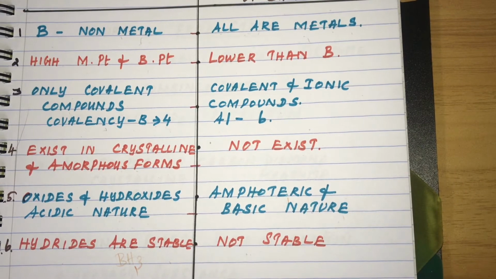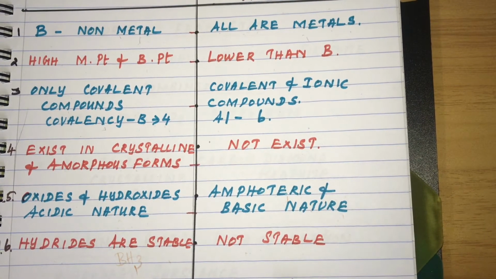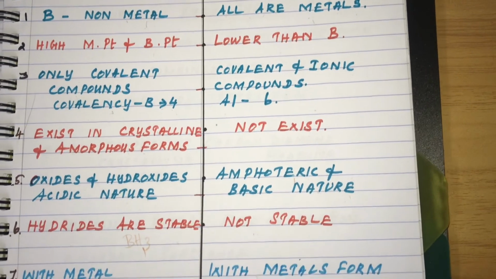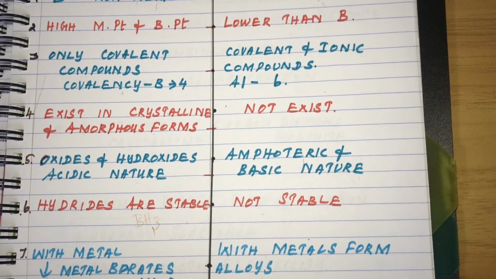The other group elements form alloys when they react with metals. Alloys are mixtures of metals. Boron does not decompose steam, but the other elements decompose steam.